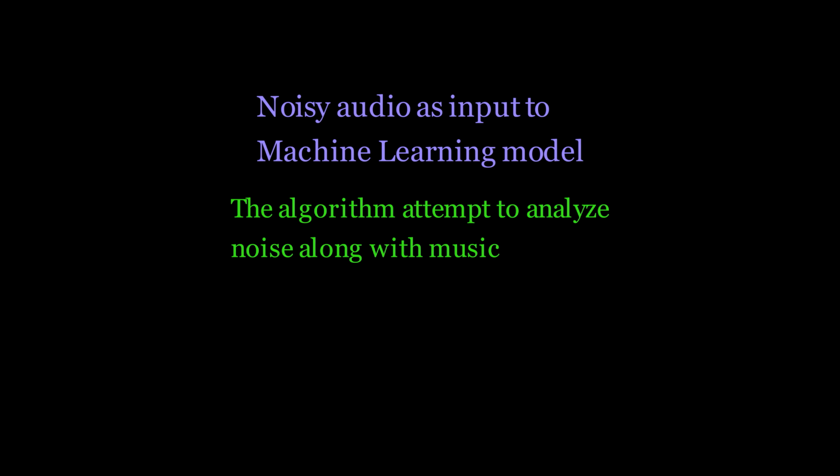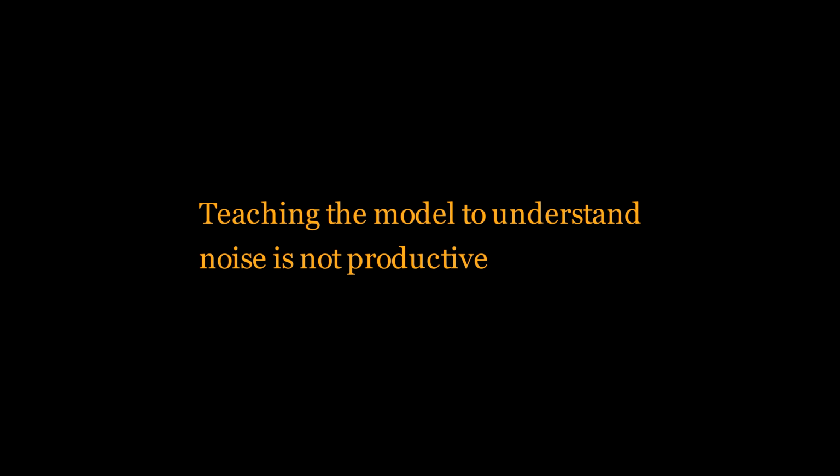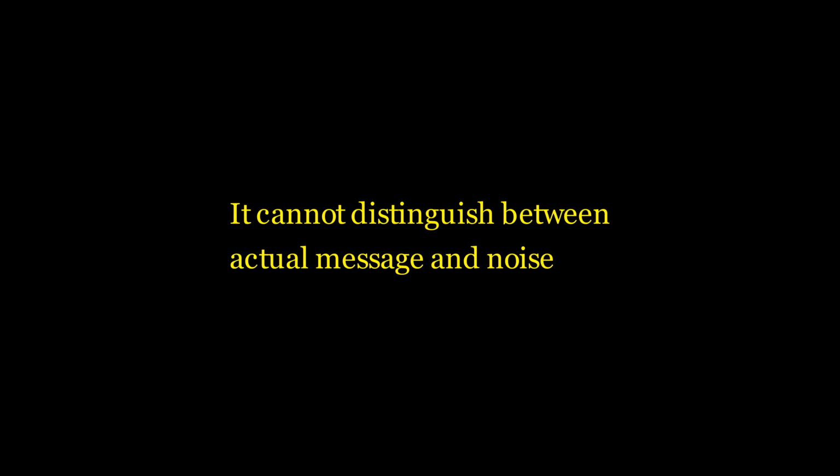If we were to use this noisy audio as an input for a machine learning model, perhaps to identify musical notes, the algorithm would attempt to analyze the noise along with the music. Since the noise is random and carries no valuable information, teaching the model to understand noise is not productive. It results in a model that cannot distinguish between the actual message and the noise.